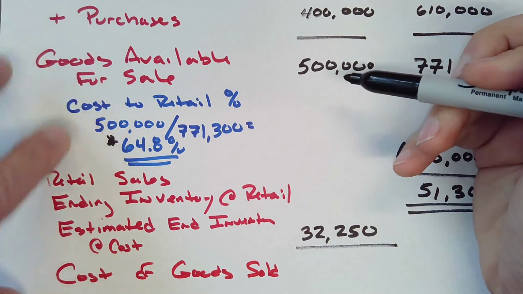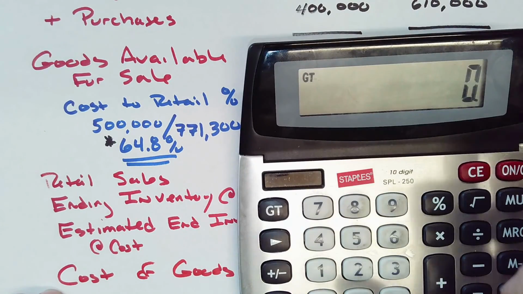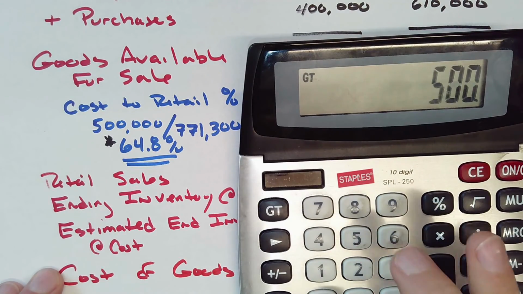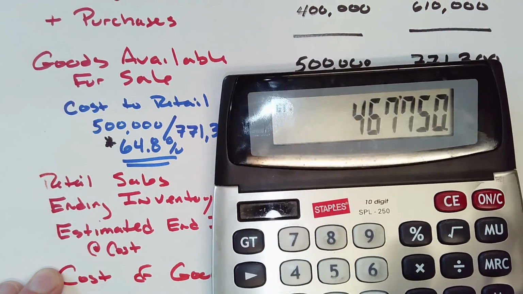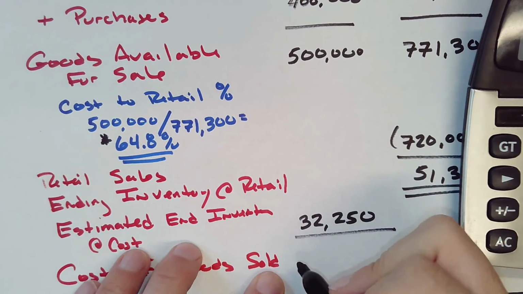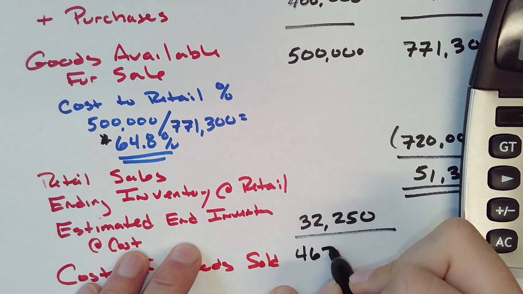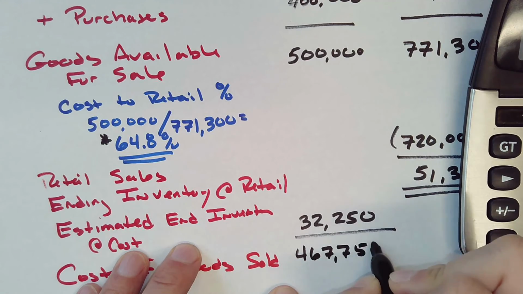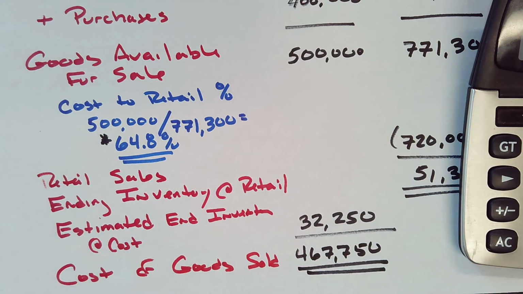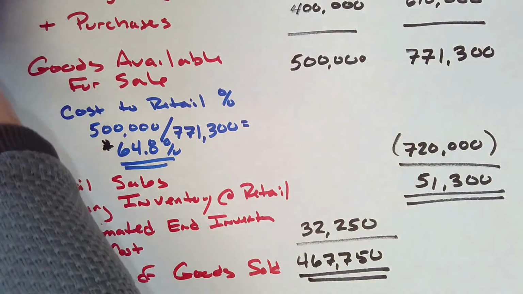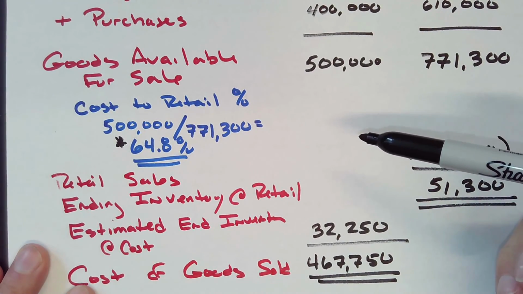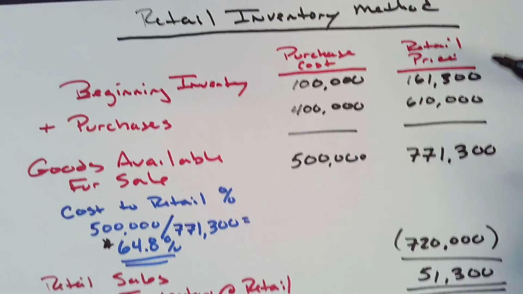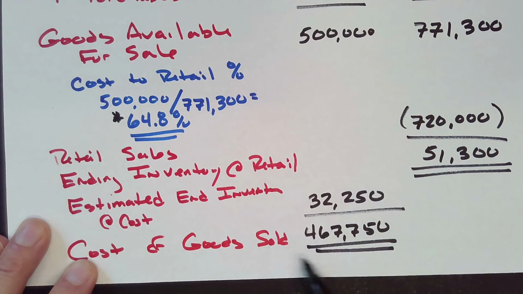So it's going to be this 500,000 less the 33,250, $466,750. Right? So this is the retail inventory method, just to estimate what your ending inventory is and be able to calculate your cost of goods sold.